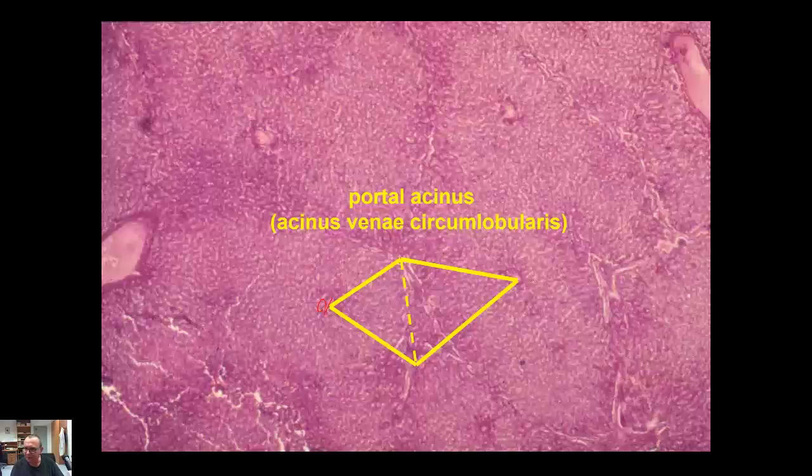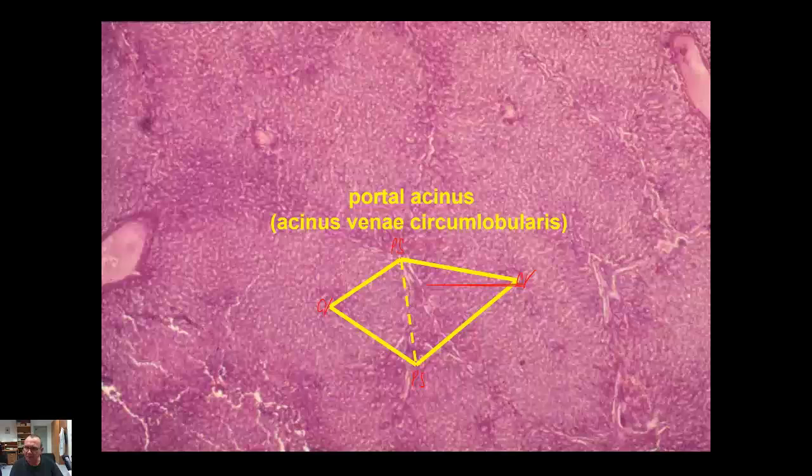Here is central vein, here is another central vein. Central vein, and 2 portal spaces are here and here. If you join 2 central veins and 2 neighboring portal spaces, you will get this area.